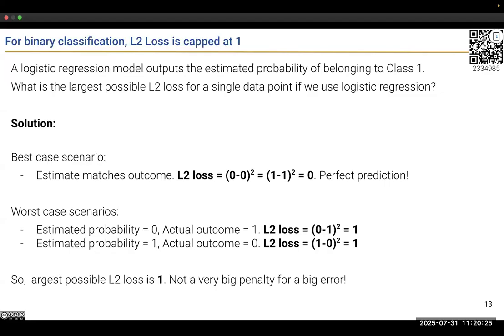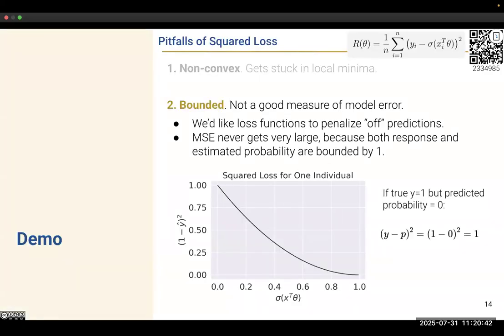That's not a very big range, between 0 and 1 for an error. You remember in mean square errors in linear regression, our errors can be a lot bigger than between 0 and 1. So that's a problem as well, because you really want to have a larger penalty when you're really off.